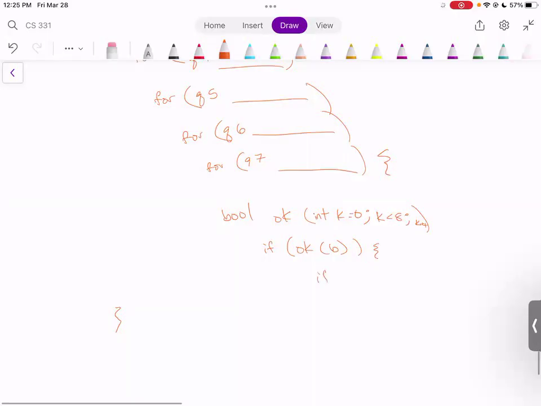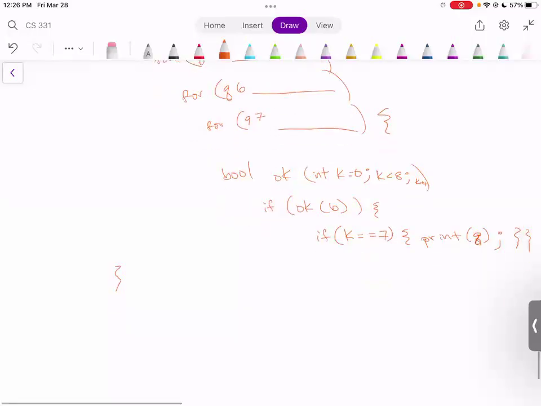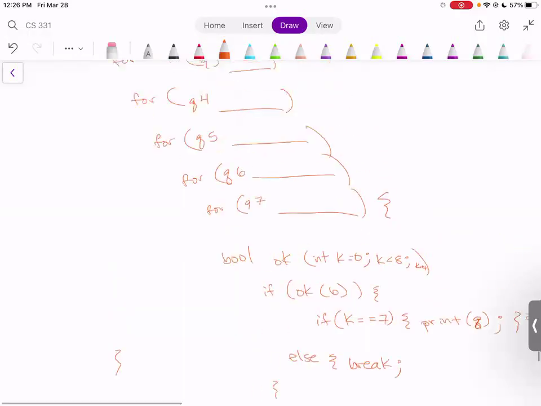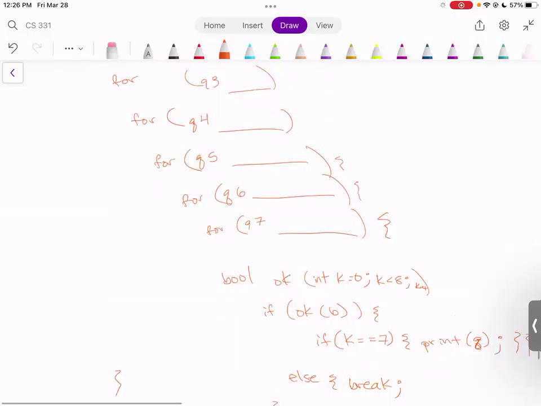Then we say if K equals 7, print Q, and then it should be good. Else, if it's not okay, then I just break out of this loop and adjust, and now I have to close all of these because all of these have open loops.